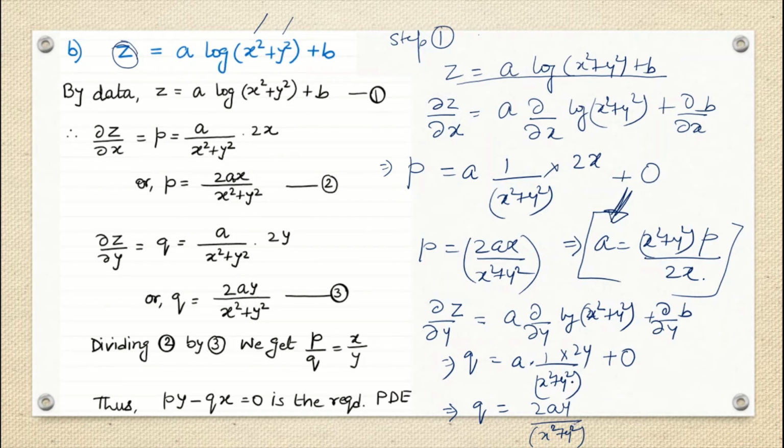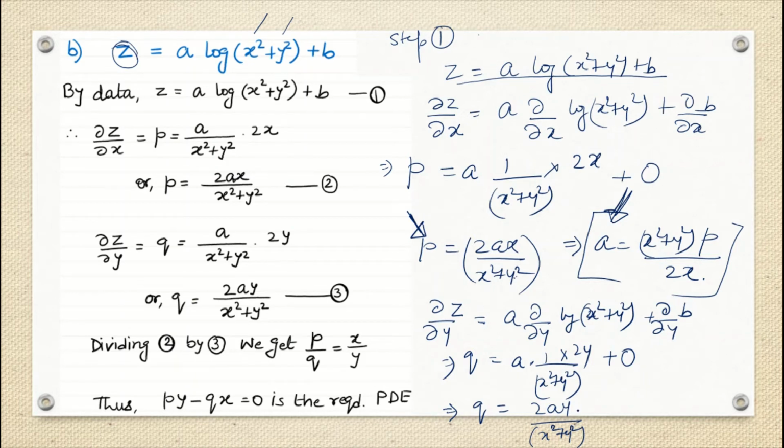So because of that, better to have this consideration in your mind: since p is 2ax by x square plus y square, and q is 2ay by x square plus y square, I can write in some other fashion also, because my job is actually to eliminate a. Because b is already not present, I have to eliminate a.